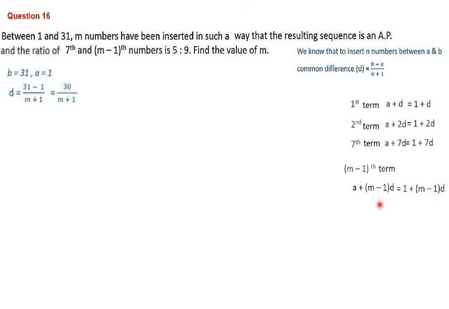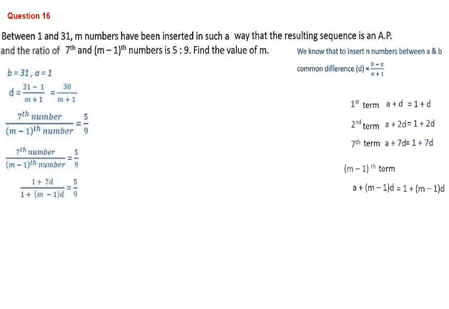This is the m minus 1th term. So the ratio of the 7th number divided by the m minus 1th number is 5/9. That is the given condition. 1 plus 7d, that is our 7th number, which is calculated here.